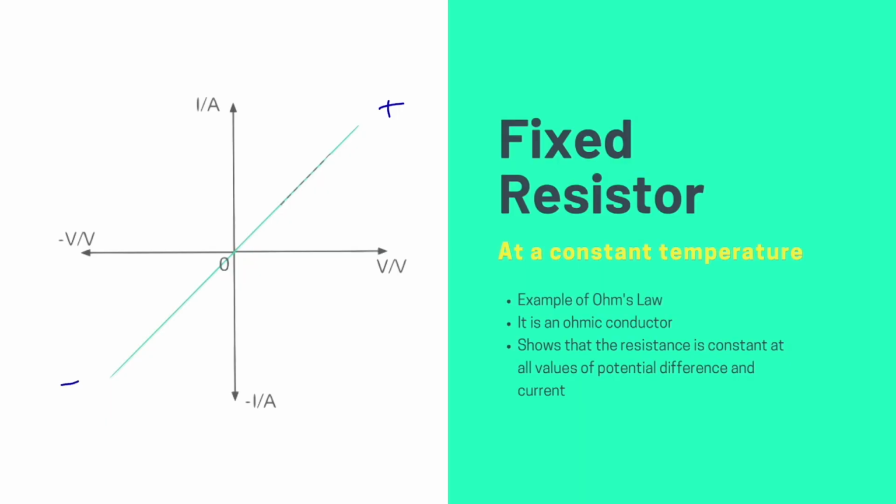And what this quadrant graph really means is that on this side the resistor is connected to the source the other way around. That's all that means when we have that negative side of the graph. When we look at the fixed resistor and we plot our table out into the graph, what we notice is there is a straight line through the origin.